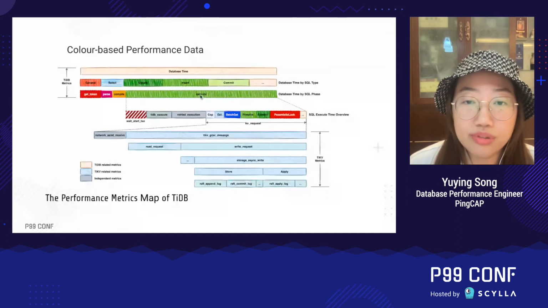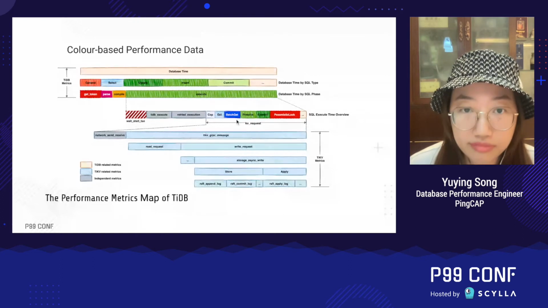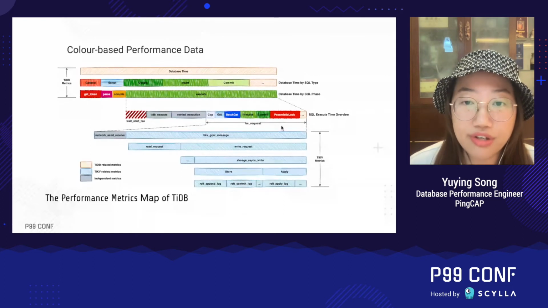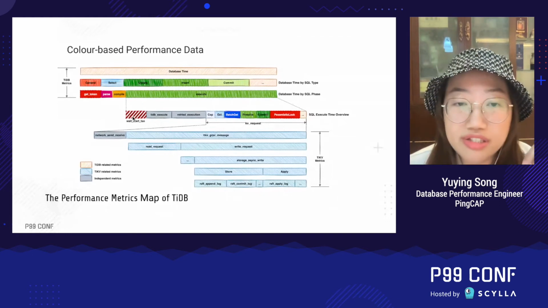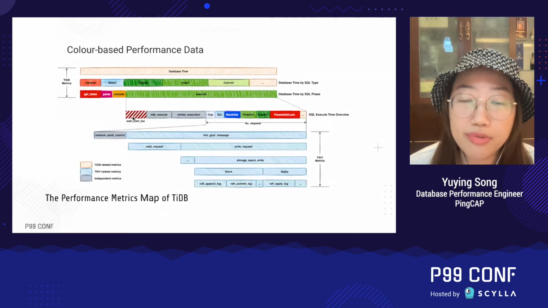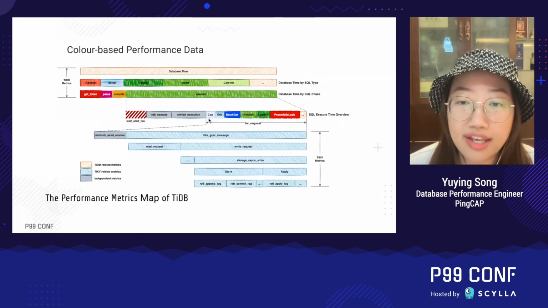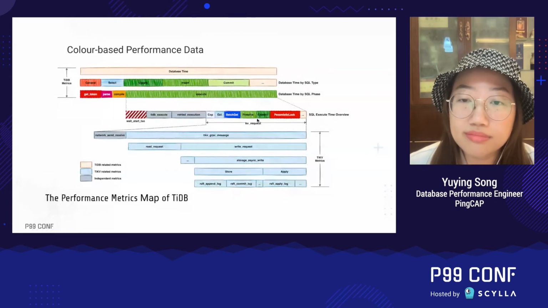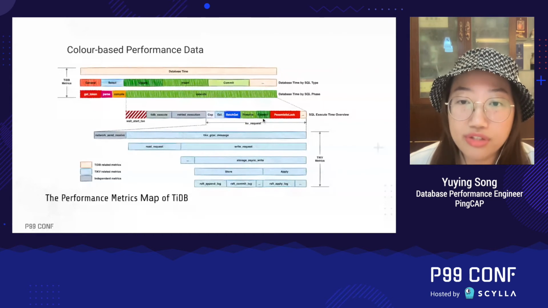And as for the execution time, because it takes a significant part of the whole DB time, we also divide it into TSO wait and KV request. This is the time we take to communicate with the PD servers and the TiKV servers. We also mark operations related to reads in blue, and operations related to writes in green.